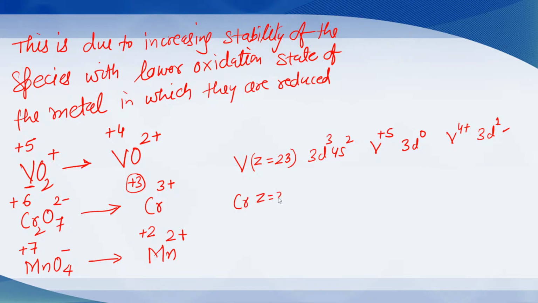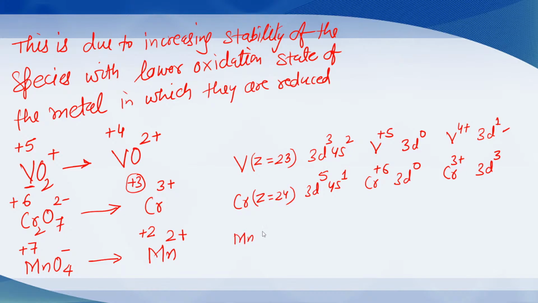Chromium, 24, its valence electronic configuration is 3d5 4s1. So chromium +6, again 3d0, but chromium 3+ it is 3d3.